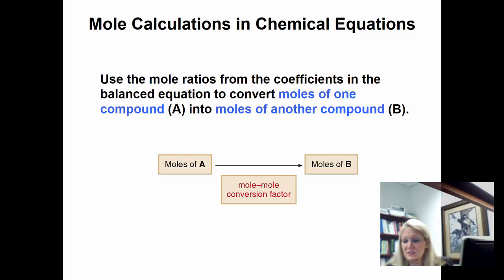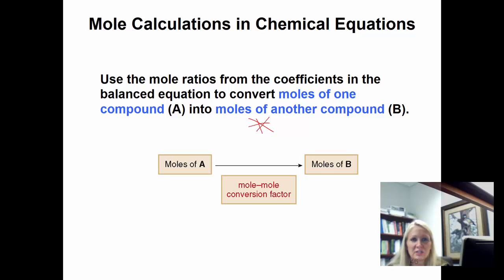So we can use these mole to mole ratios from the coefficients of our balanced equations to convert from moles of one compound to moles of a totally different compound. This is so important and different from what we have been seeing. So far we've converted from grams to moles or grams to molecules of the same compound.